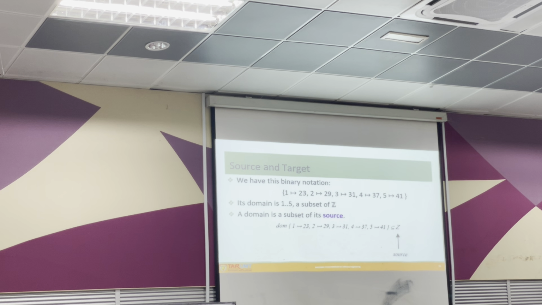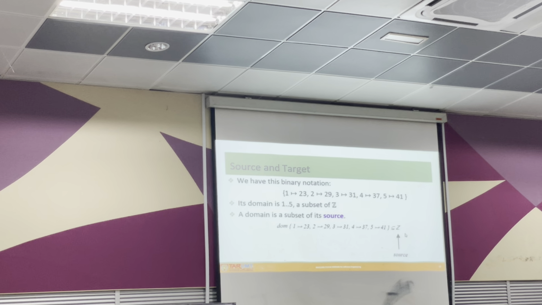Okay, source and target are not keywords. Both here are not keywords. Source and target just tell you that when we talk about source, actually we are talking about the domain data.